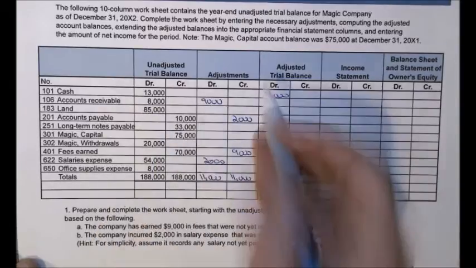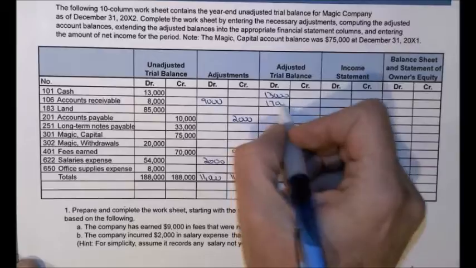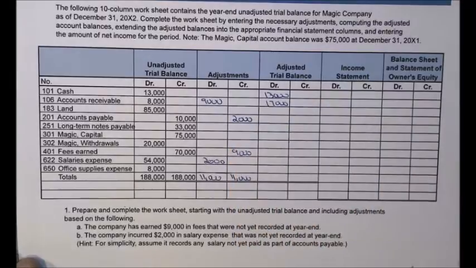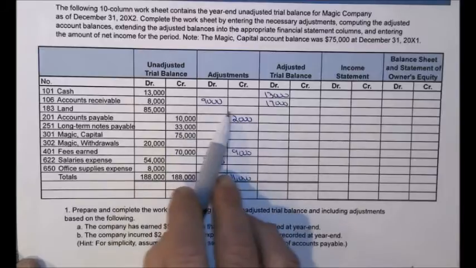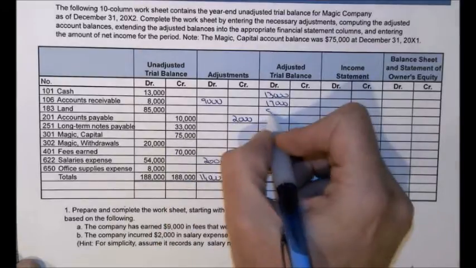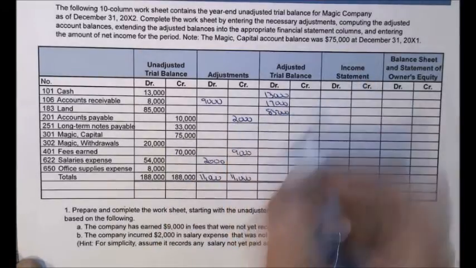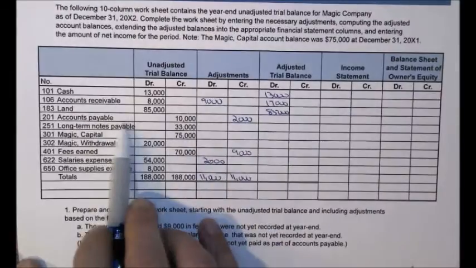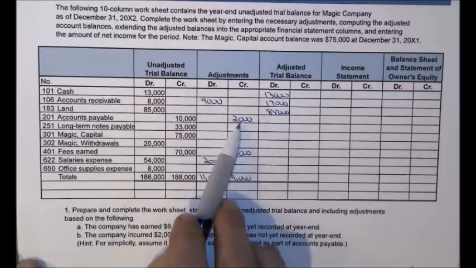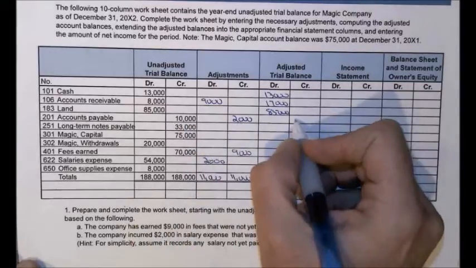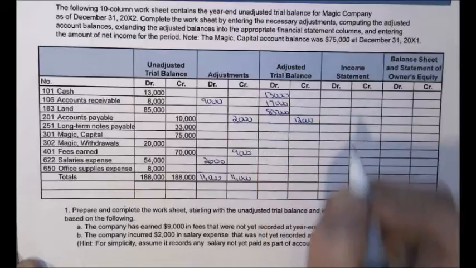Those add together, so this is $17,000. Land was $85,000 debit. We didn't do anything to land in the adjustment, so it comes over as $85,000. Accounts payable is $10,000 on the credit side. Credits add to each other, so $10,000 plus $2,000 means a $12,000 credit balance.